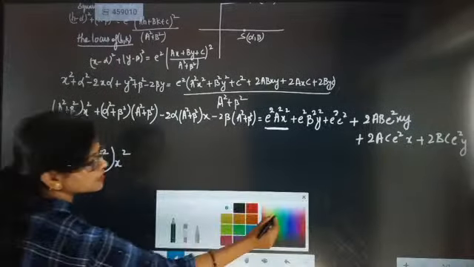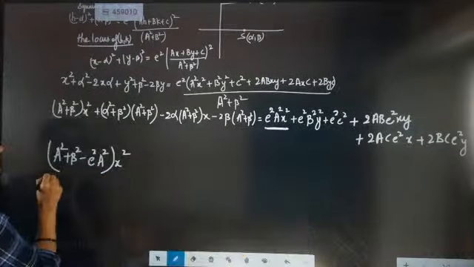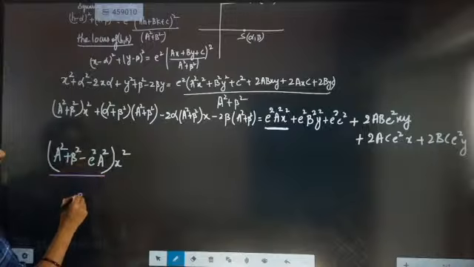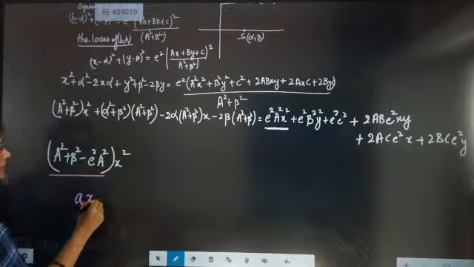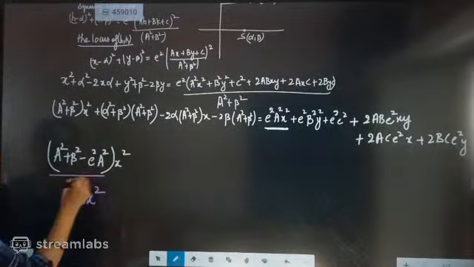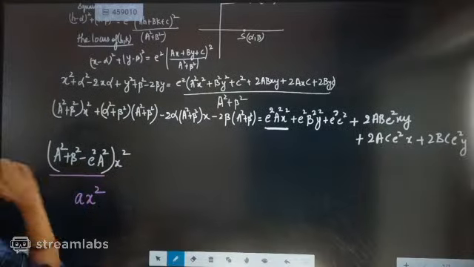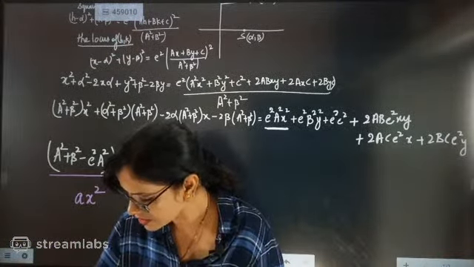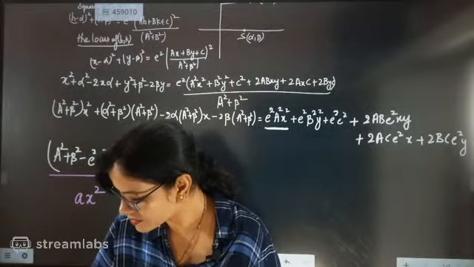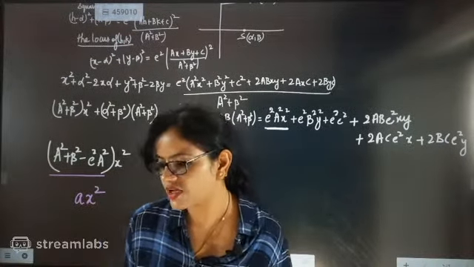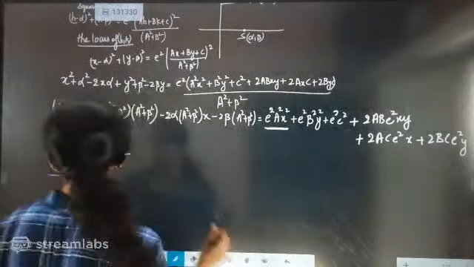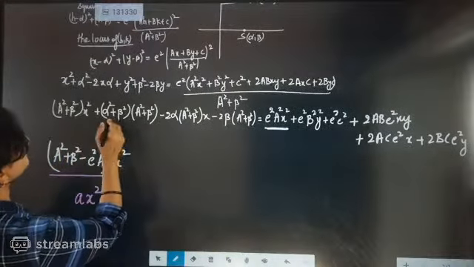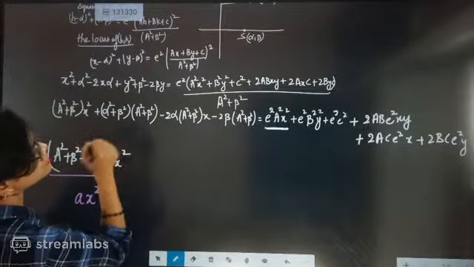Now this section we can take it as a. Next one, this part is coming as alpha square, this is the constant region.